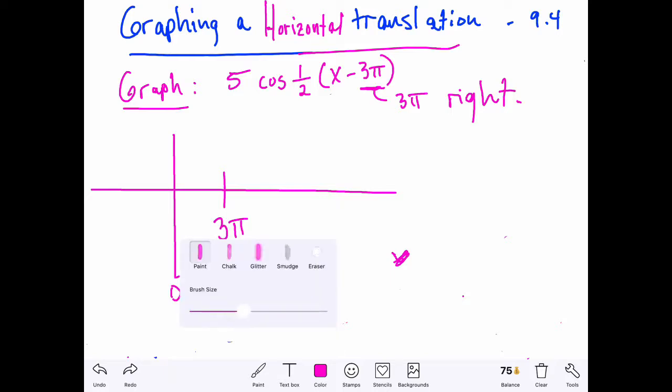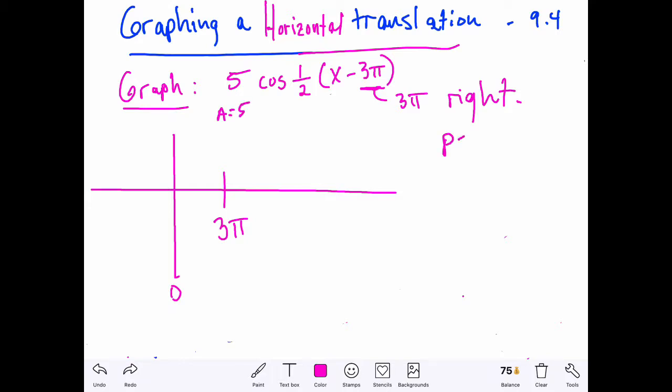Okay, all right, once we have that 3 pi right, we want to account for our other transformations. Okay, it's got an A here of 5, an amplitude of 5.